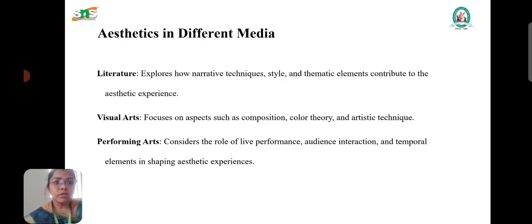Literature explores how narrative techniques, style and thematic elements contribute to the aesthetic experience. Visual arts focus on aspects such as composition, color theory and artistic technique. Performing arts considers the role of live performance, audience interaction and temporal elements in shaping aesthetic experiences.